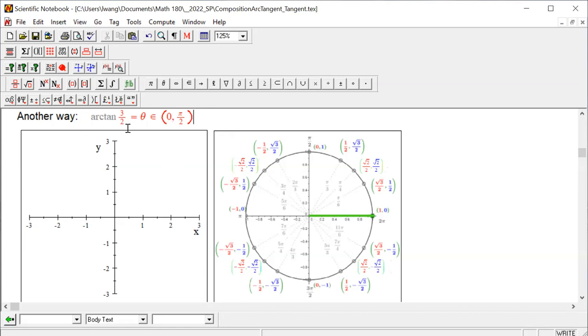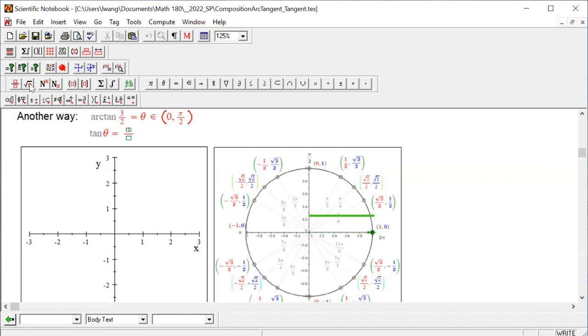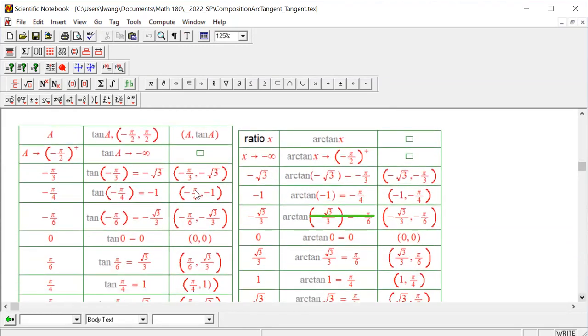As a result, when we have this, we know this angle is going to be between 0 and pi over 2, right? And we also know that tangent theta is 3/2. Because that's the definition of arctangent, right? Remember we did those 2 tables for special angles. You tangent this, arctangent that, just swap. So that's embedded in the definition.